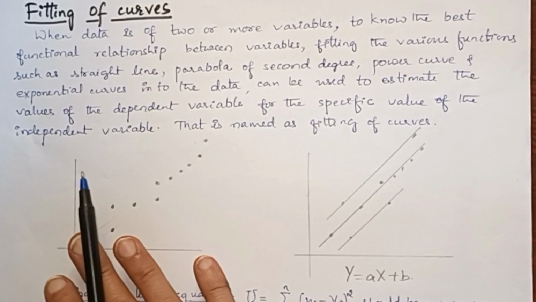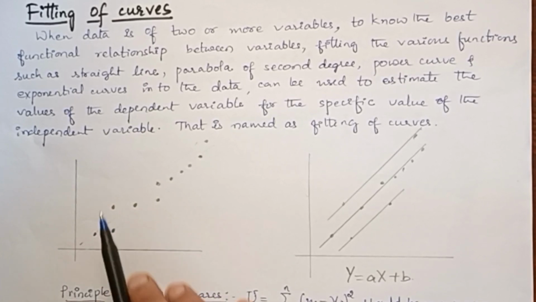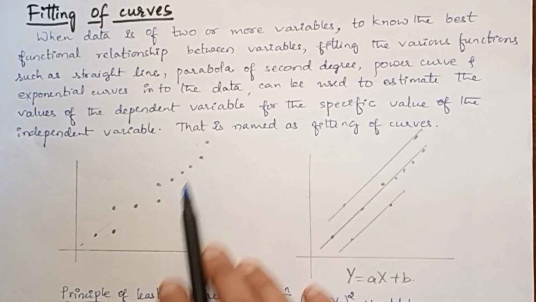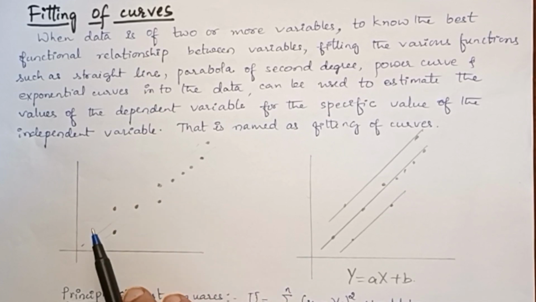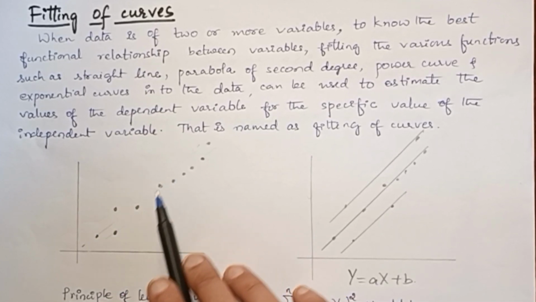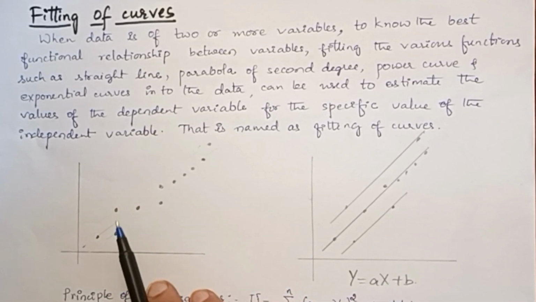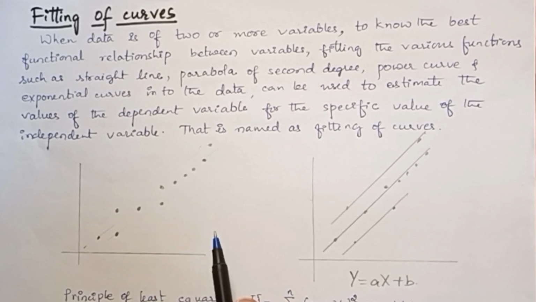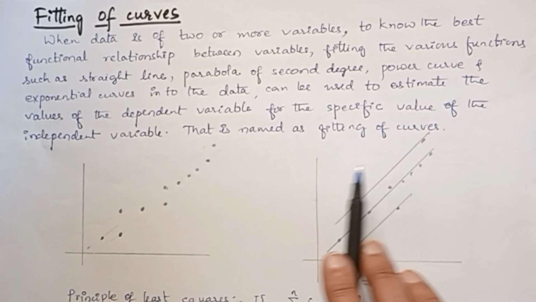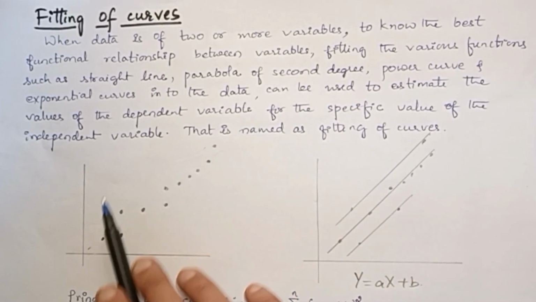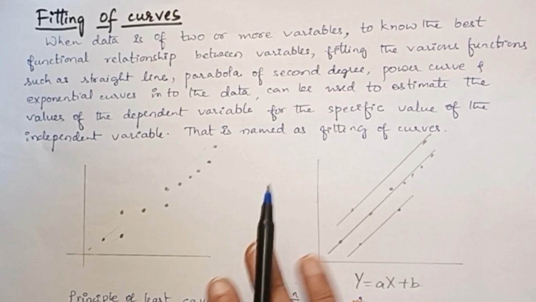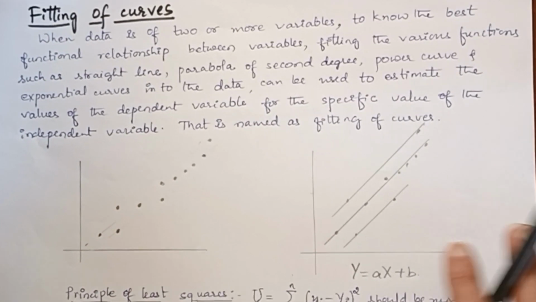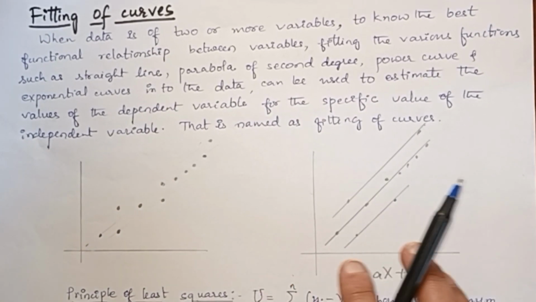For example, this is how the data is spread. Now you can represent the functional relationship between these data points in terms of a straight line, right? You have to represent the whole data set using y equal to f of x. That is how to represent it as a function, y equal to f of x.